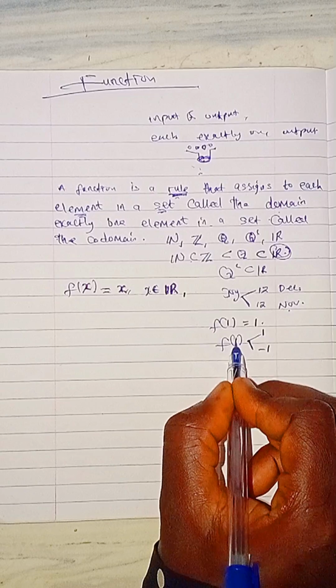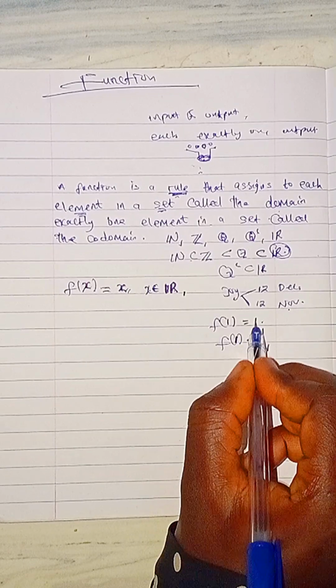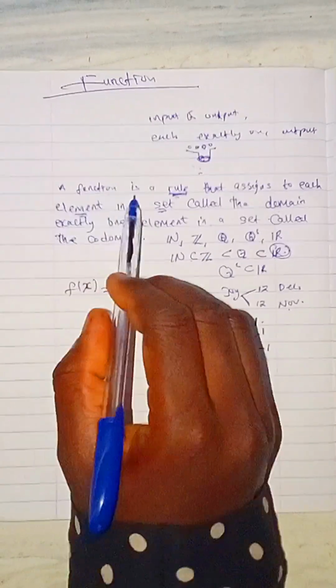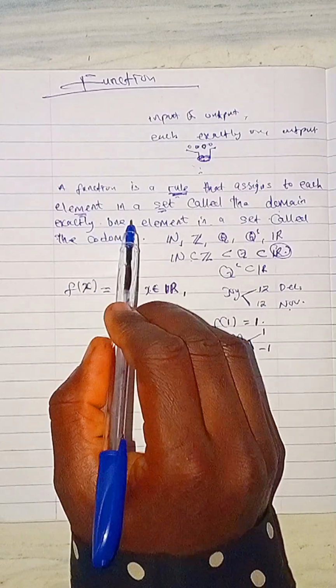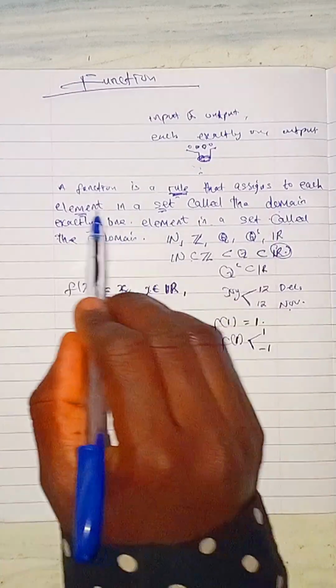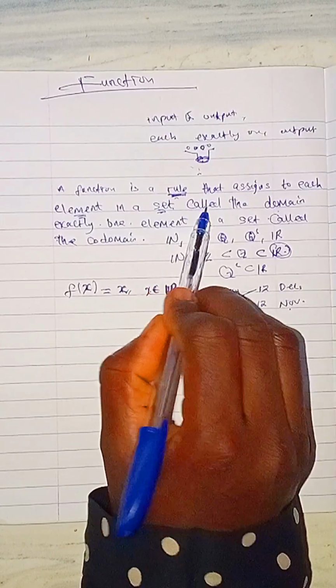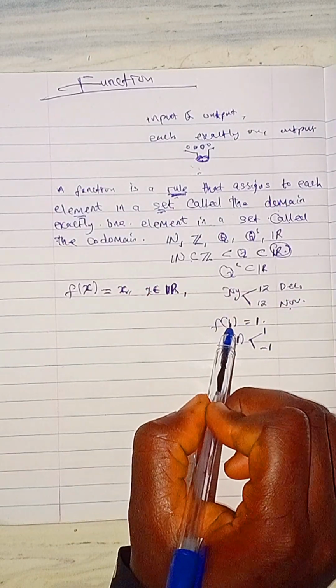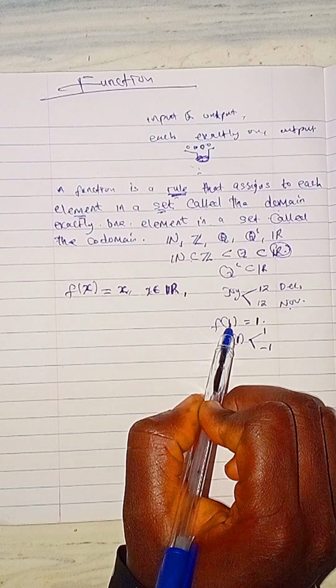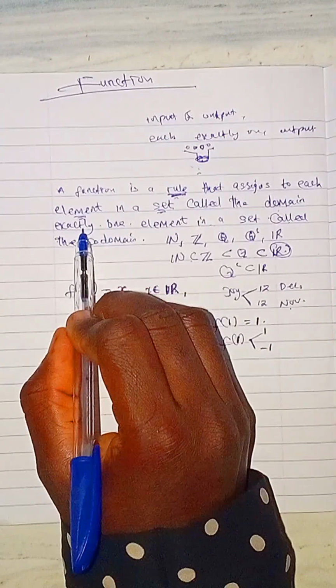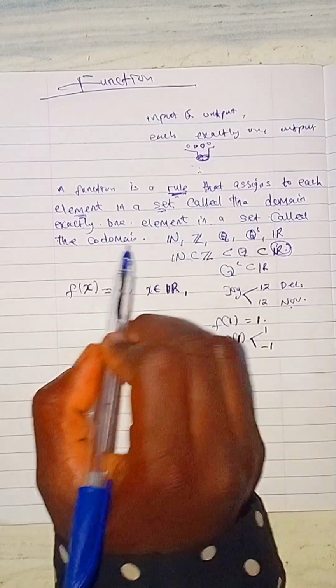So for each element in the set called the domain, which is the input, there is exactly one element in the set called the codomain.